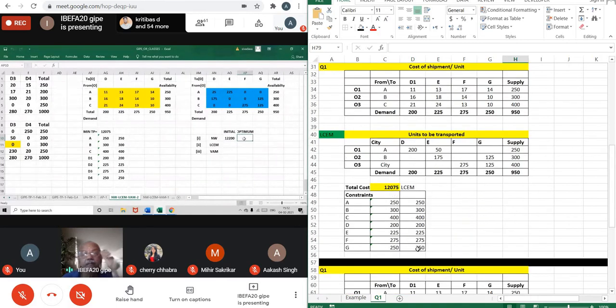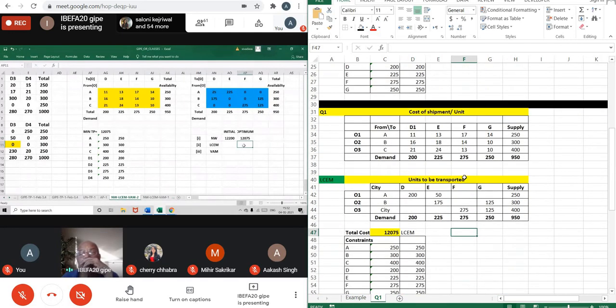So the optimum value will be 12,075. This is what I got by northwest corner method. In exam also you can prepare a table like this.